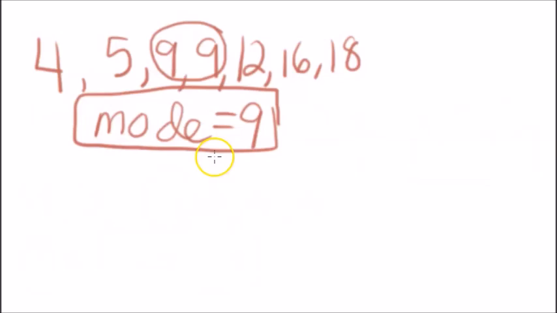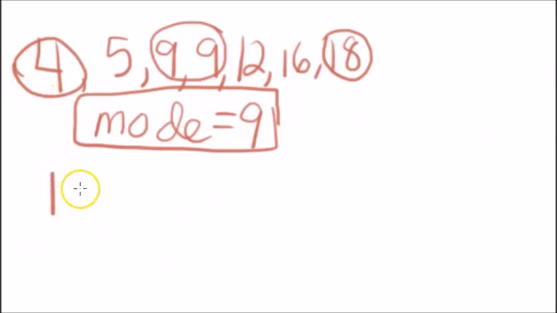Okay. Finally, let's talk about range. Well, what is range? Range is the difference between the highest number and the lowest number in the data set. So, let's see, 18 is going to be the highest number in this data set, and 4 is going to be the lowest number in this data set.